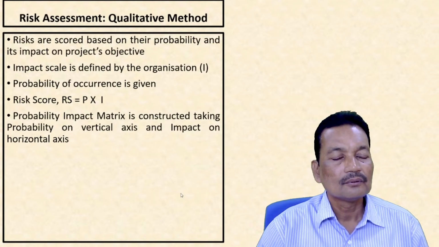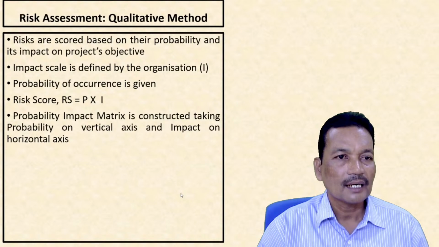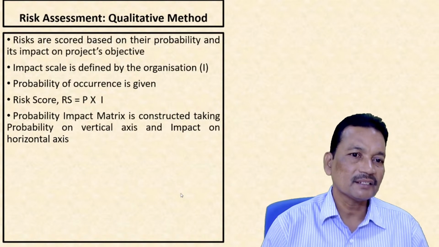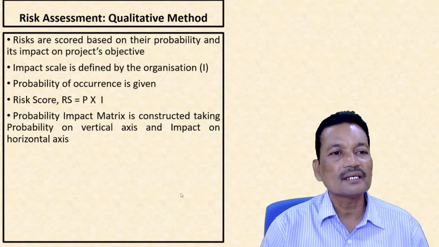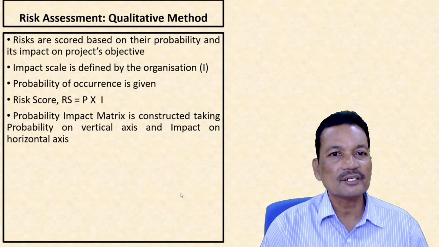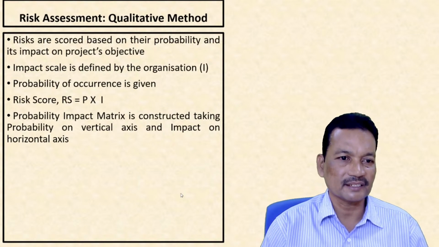Now, when we go to a project, how do we assess the risk, that means how is the risk calculated? Here the risks are scored based on their probability and their impact on the project's objective.